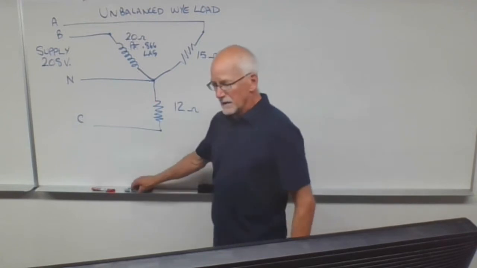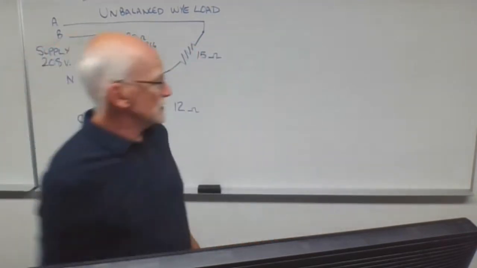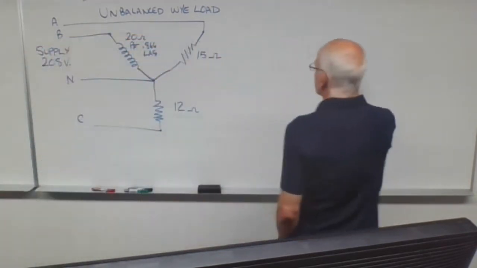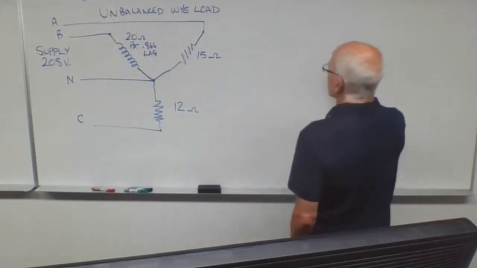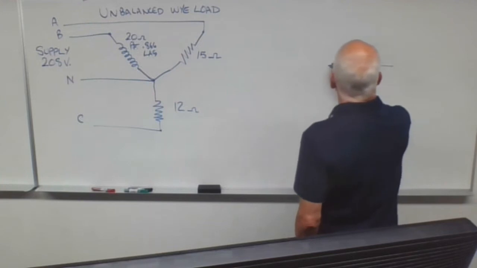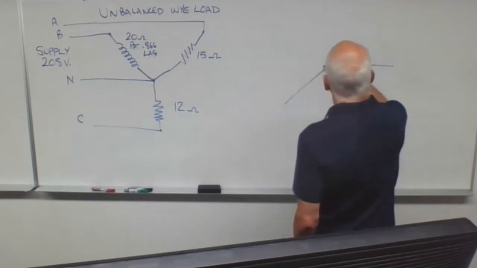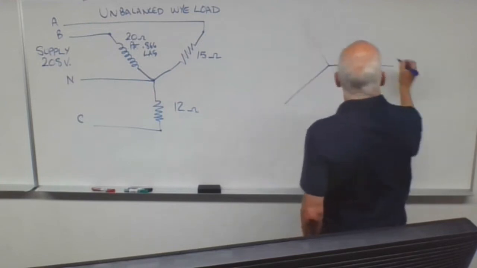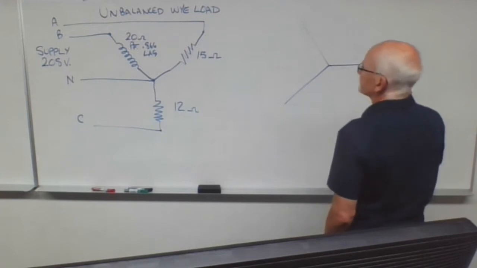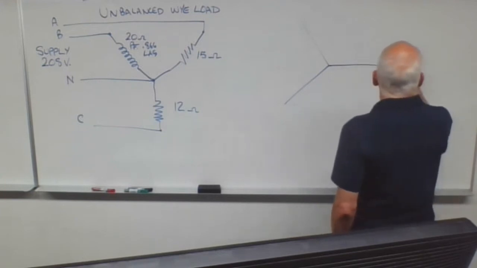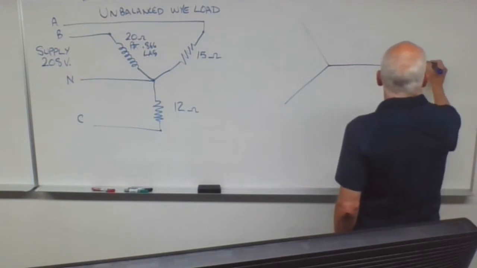Okay, to draw that phasor diagram, it should look like this. I will draw the three phase voltages first. Voltages will be listed VA to N at 0 degrees.